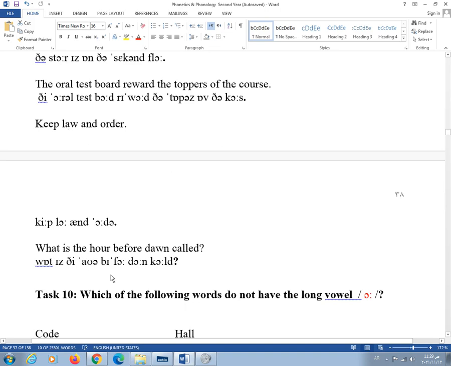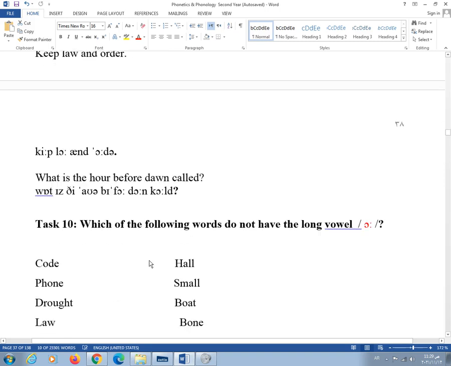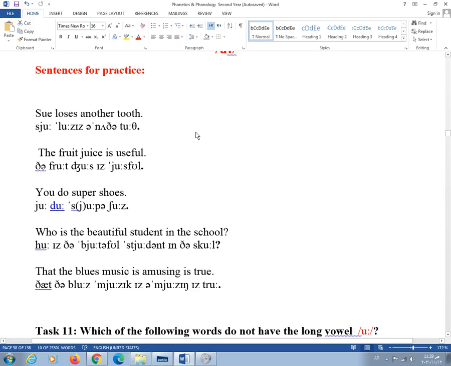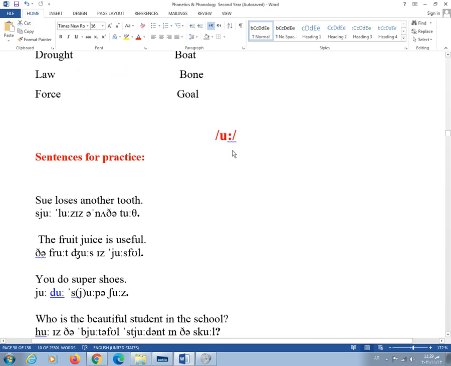What's the hour before dawn called? What is the hour before dawn called? Okay. The last one is U. Sue loses another tooth. The fruit juice is useful.